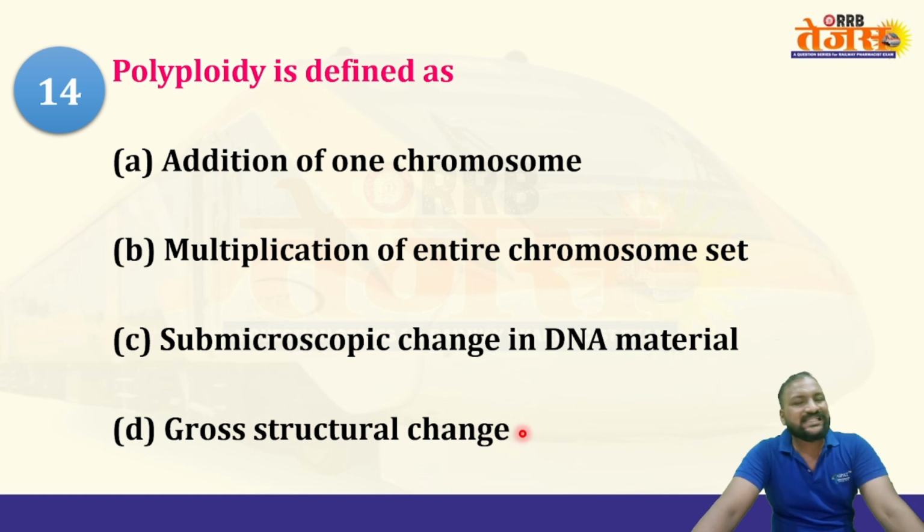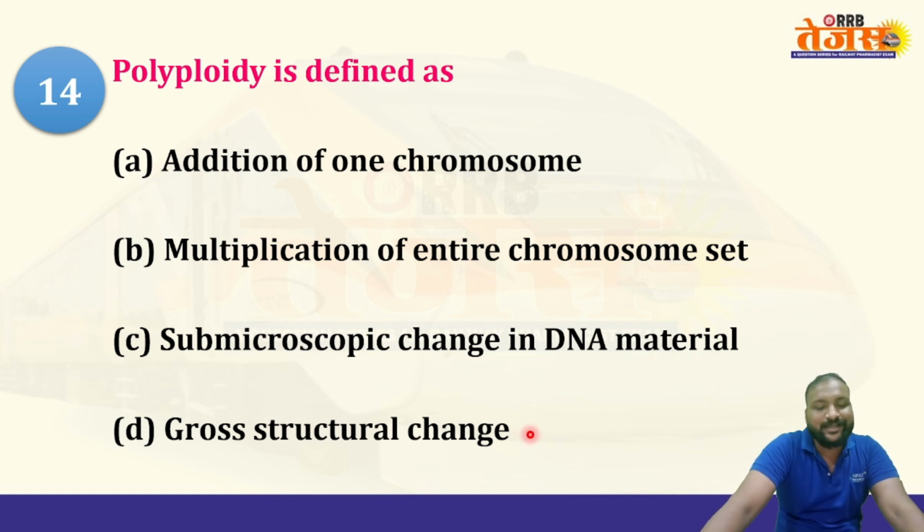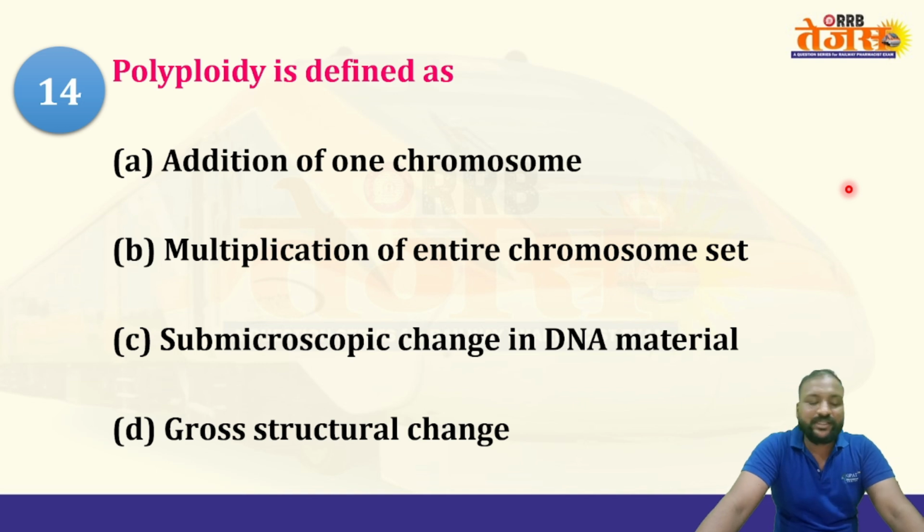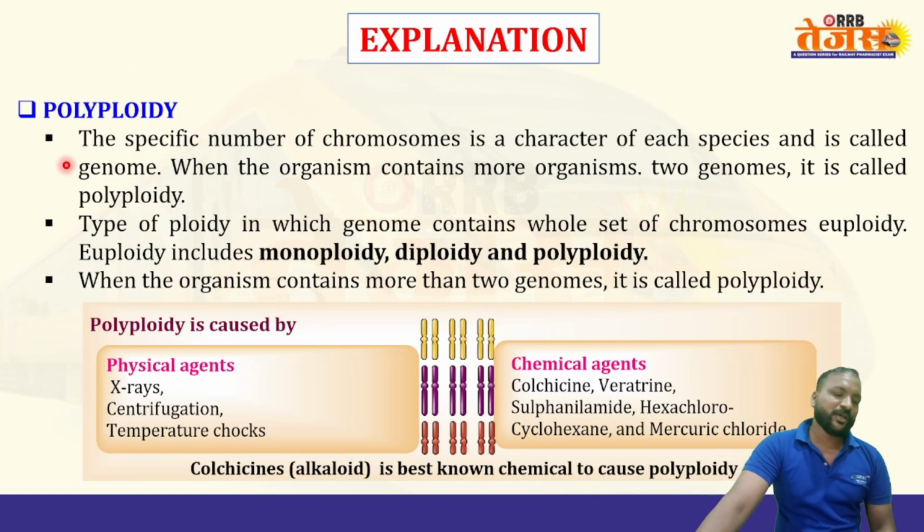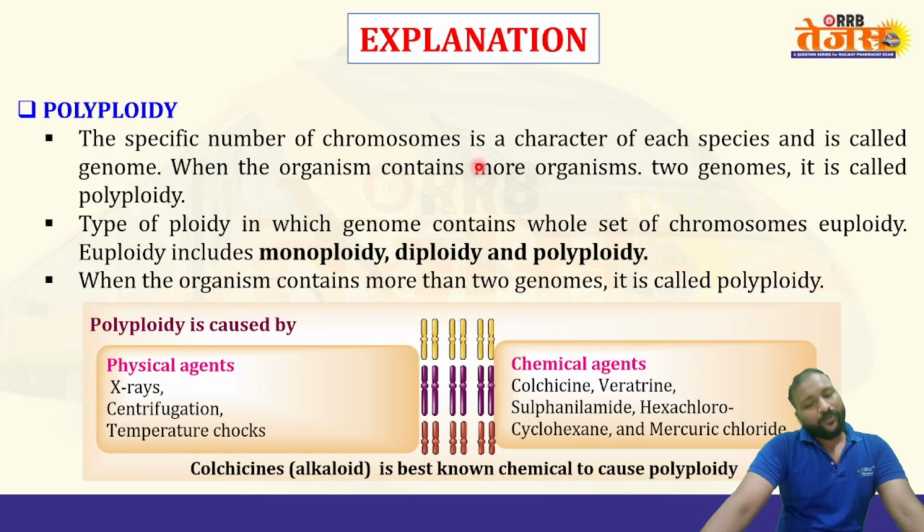The 14th question of this series: polyploid is defined as... Now we have entered the plant biotechnology topic. The options: addition of one chromosome or multiplication of the entire chromosome set, submicroscopic change in DNA material, cross structural change. Option B is correct. Poly means many, ploidy means set of chromosomes. The specific number of chromosomes is characteristic of each species and is called the genome.